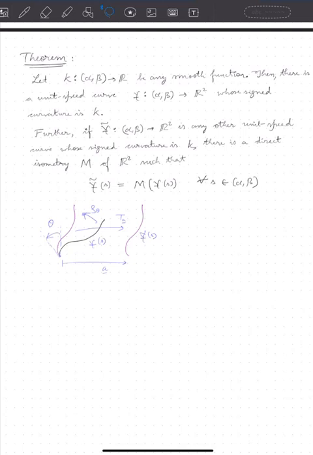So let kappa be a mapping from alpha beta to R, and let it be any smooth function. Then there is a unit speed curve gamma from alpha beta to R2 whose signed curvature is kappa.